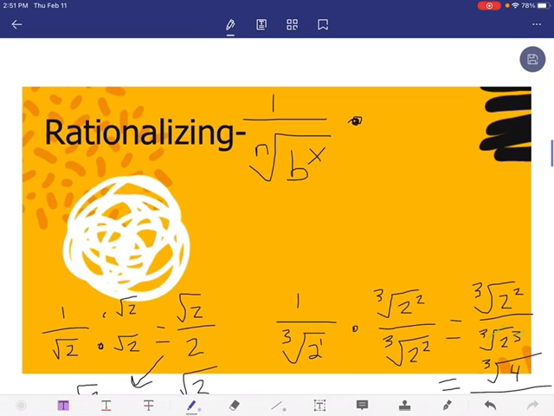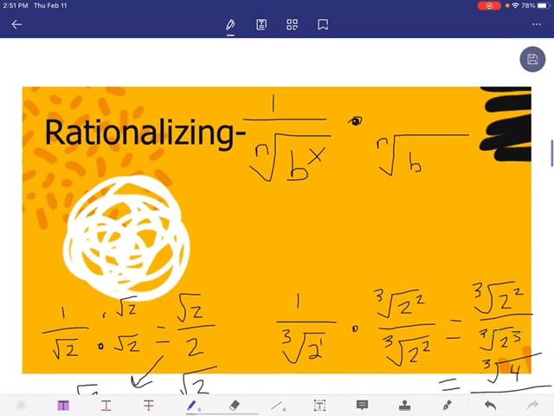Like in the example with my third root, my index stays the same. It's still going to be n. And I also didn't change that base of 2. It's still going to be the same base.